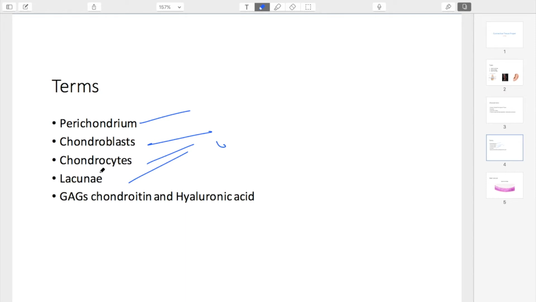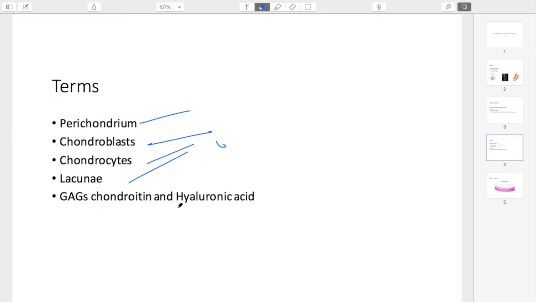And the lacunae. Lacunae are small pits where you can find these cells. These chondrocytes are in lacunae. And these GAGs, chondroitin and hyaluronic acid, are the ground substances.